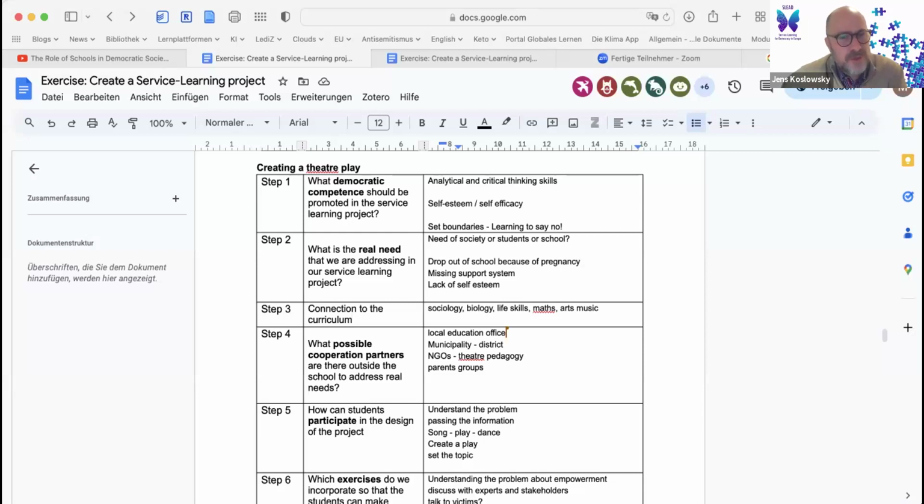If you do studies, you can also connect it to math, to do some statistical analysis, maybe. And if you are creating a theater play or some music, then arts and music are nice. So we understood in the process that connecting it to many subjects also has the advantage of more teachers and more time available.